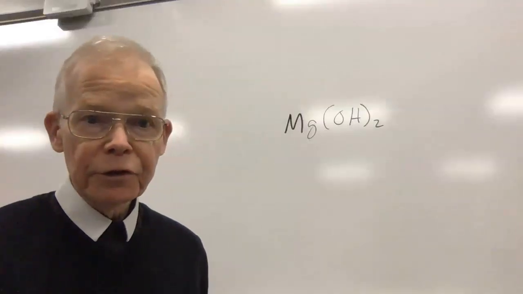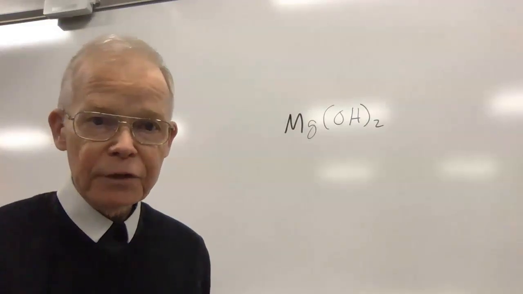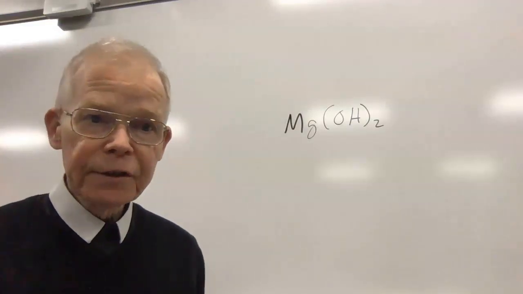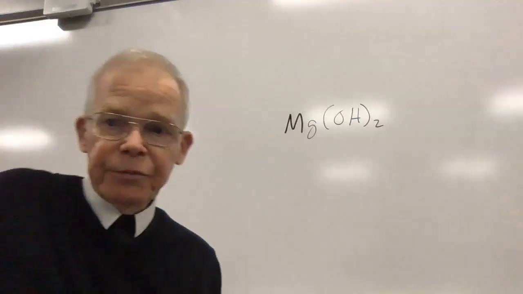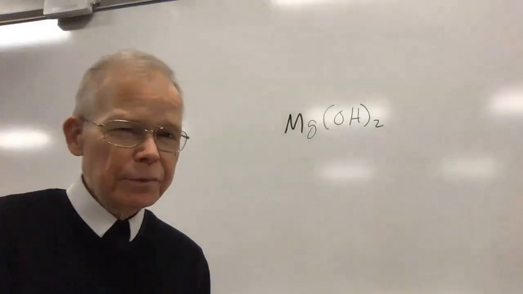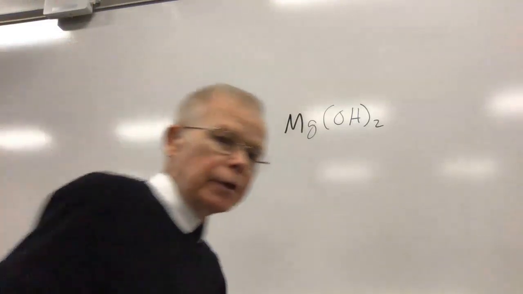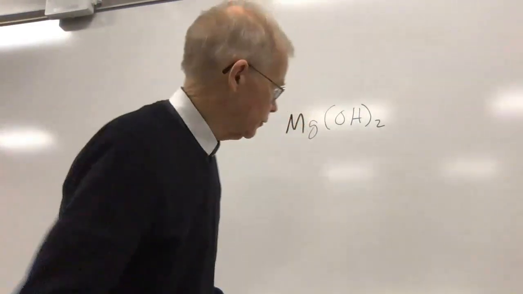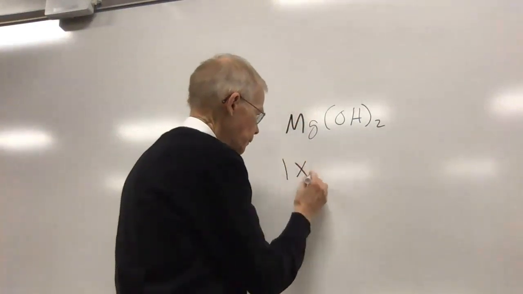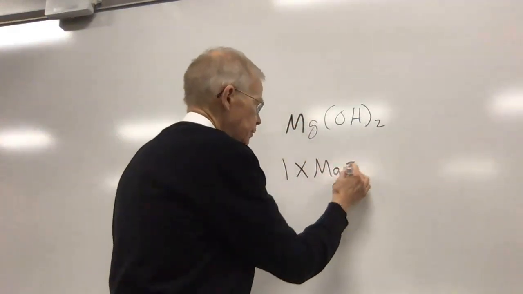The last compound I want to show you is called magnesium hydroxide, Mg(OH)2. And I'm going to use the same technique, but there's just a tiny bit of a change in how I do this. If I look at my formula, I can see that there's 1 magnesium, so I'll have 1 times Mg.